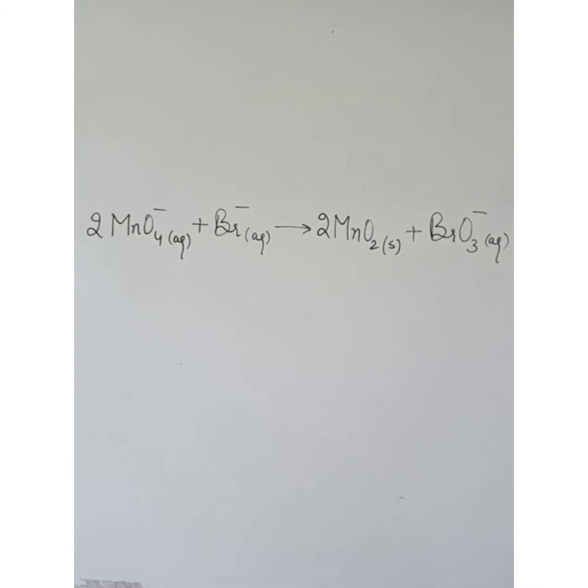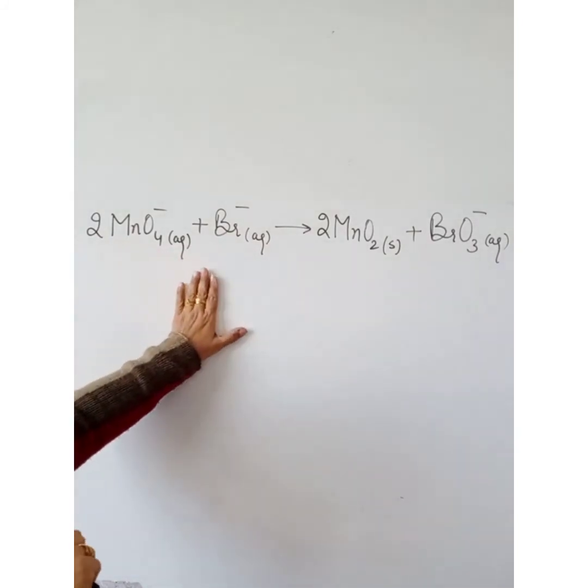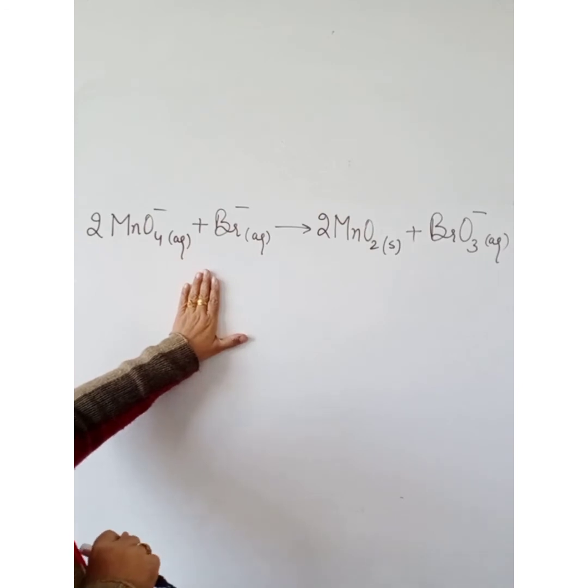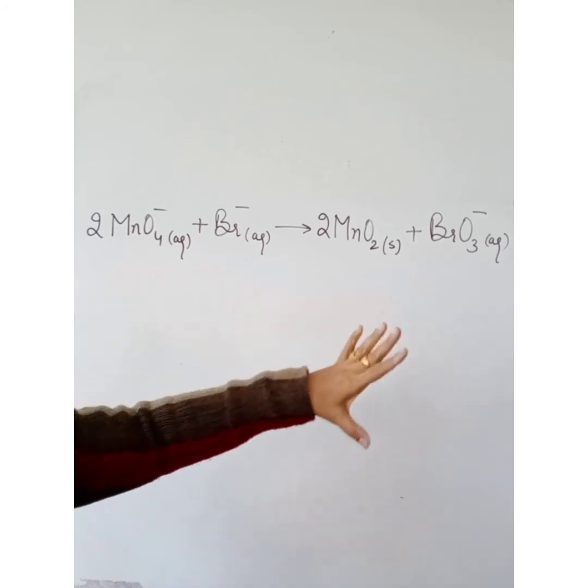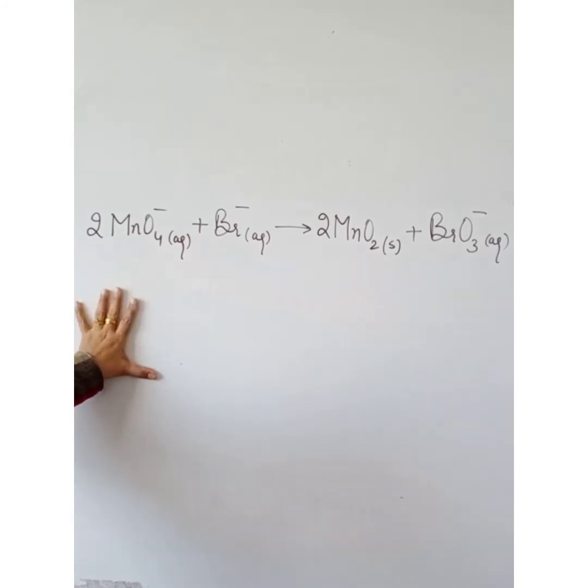Consider this reaction. 2MnO4 minus plus Br minus gives MnO2 plus BrO3 minus. In this reaction, if we are told to identify the species undergoing oxidation and reduction, then how are we going to find out? First of all, you write down the oxidation number of all the elements involved in the reaction.